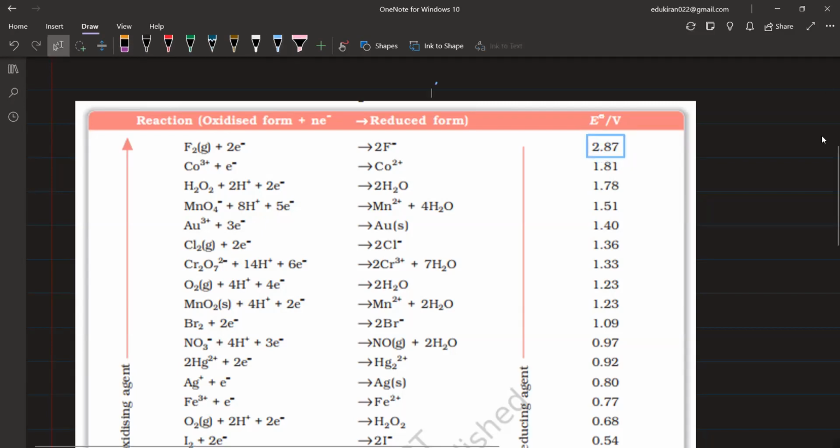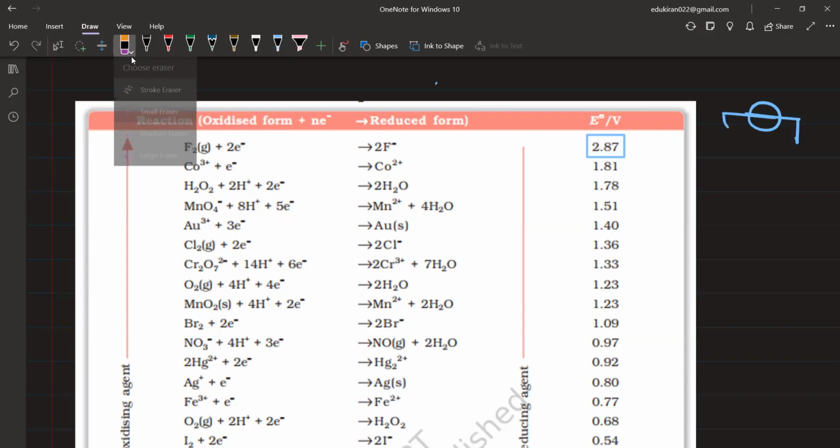Okay, so can I say something like that? If I have this reaction happening and I add a voltmeter here, then what will be the reading of the voltmeter? Tell me. If I add a voltmeter and this reaction is happening, what will be the reading of the voltmeter? 2.87. Then what does it mean? Is this giving me electricity or is it taking electricity? What do you guys think?